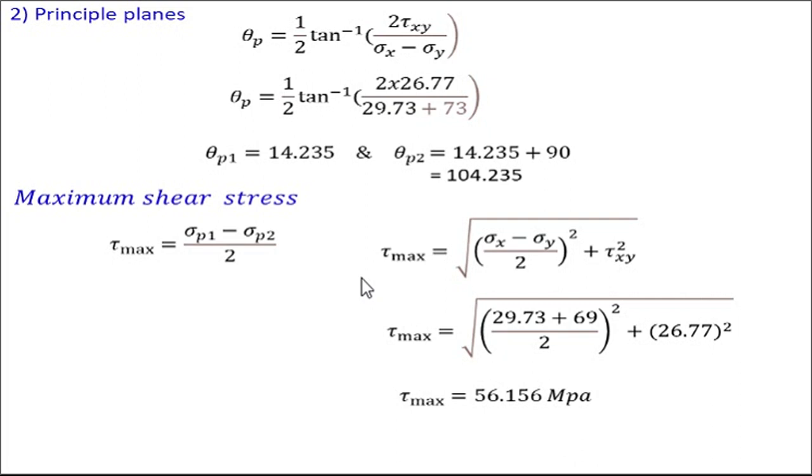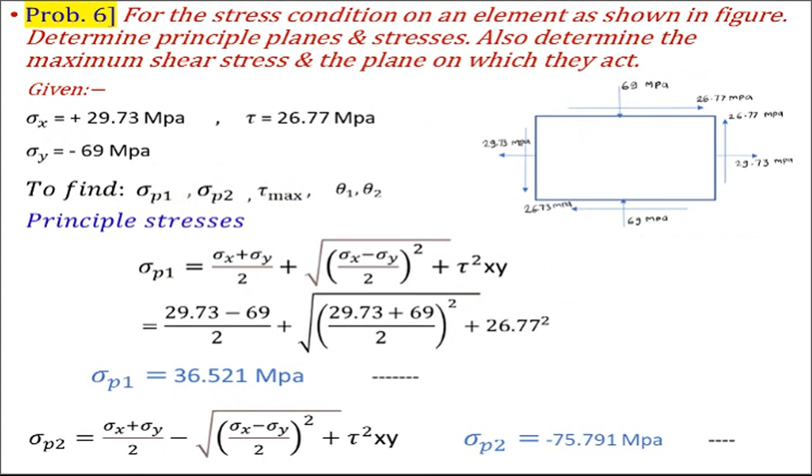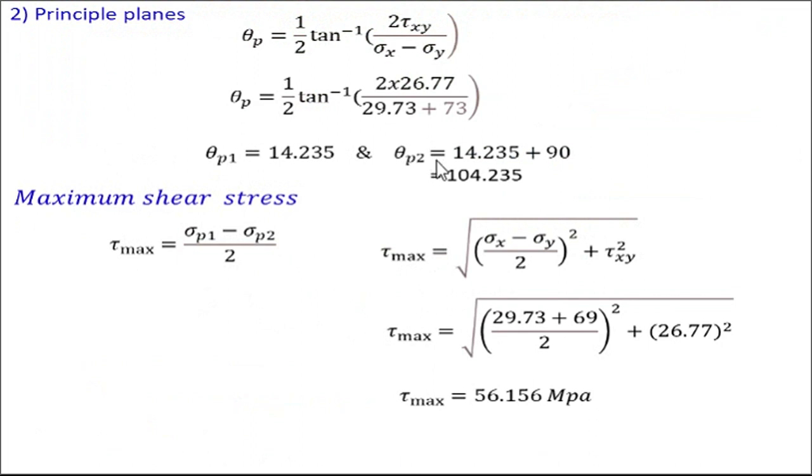The tau xy value is 26.77, the sigma x value is 29.73, and the sigma y value is minus 69 MPa. So you put in 69 and do the calculation. First of all, we get the value 14.235 degrees. This is one principal plane.